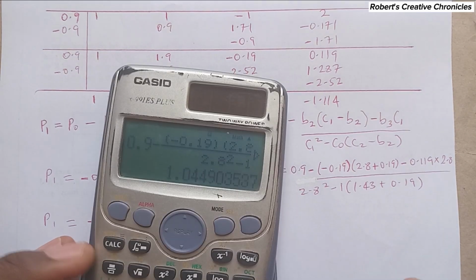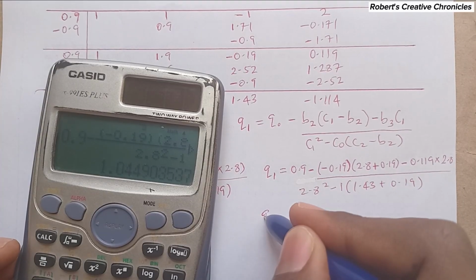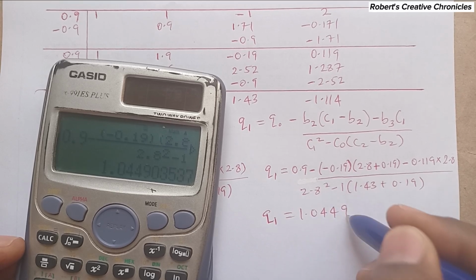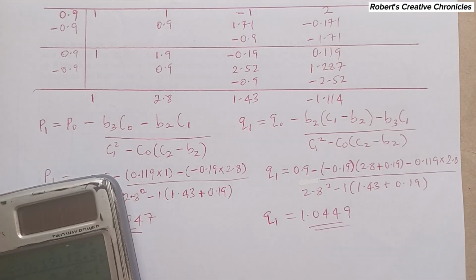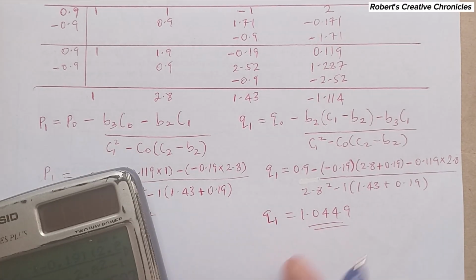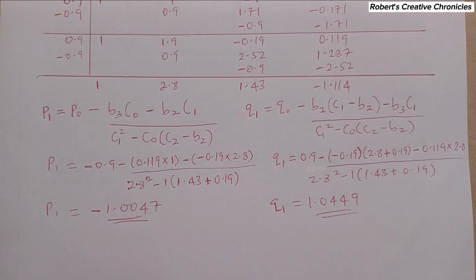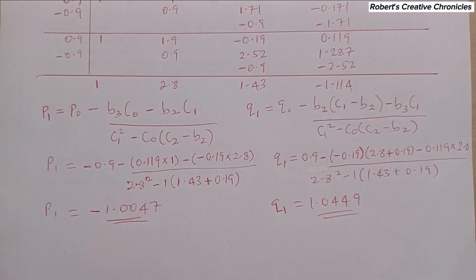So this is what? 1.0449. So here Q1 is equal to 1.0449. So here is Q1 and here is P1. So we have done the first iteration. Let's do the second iteration.